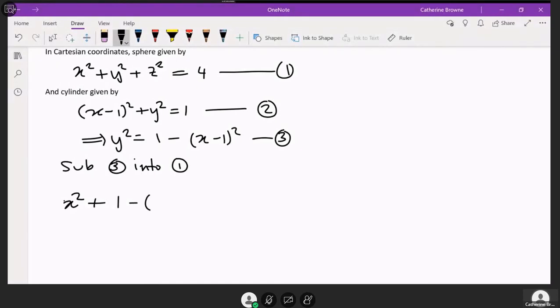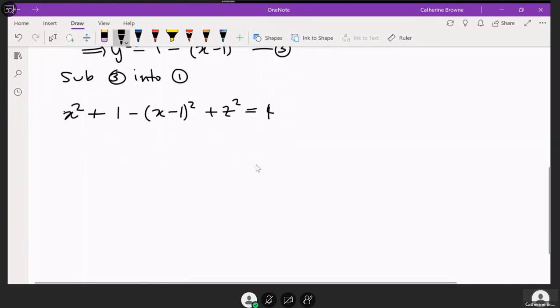So it's 1 minus (x minus 1) all squared, plus z squared is equal to 4. And so if we expand and simplify the left-hand side, we get x squared minus x squared, so no x squared, and then we get 2x.